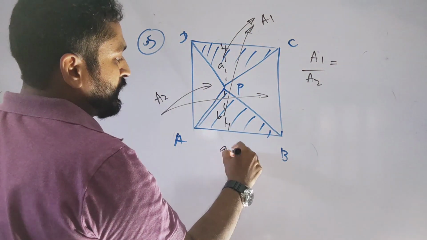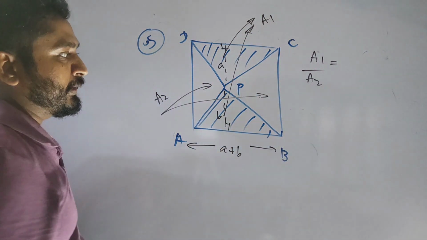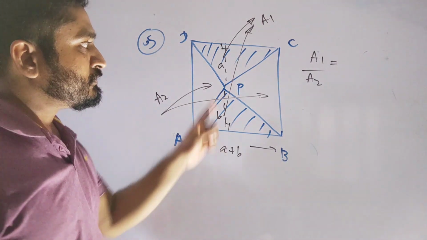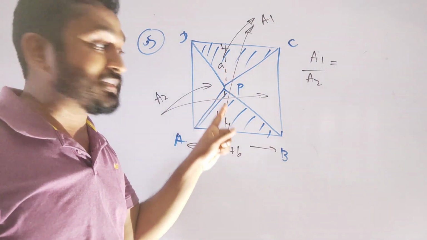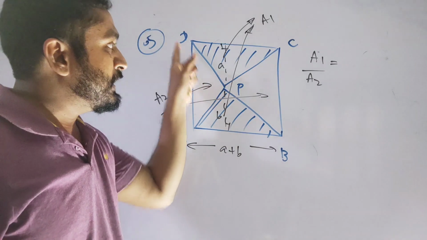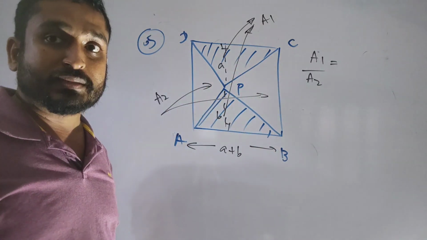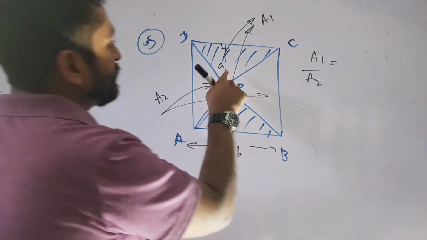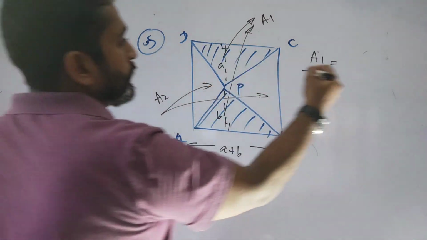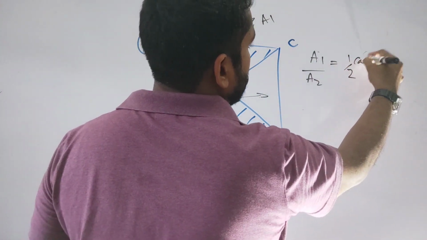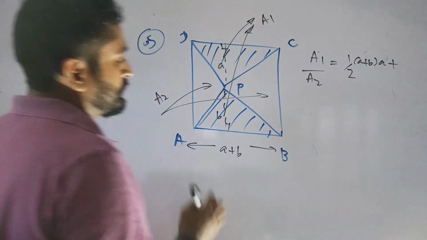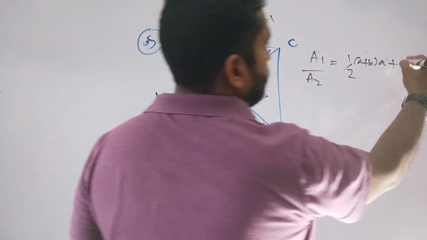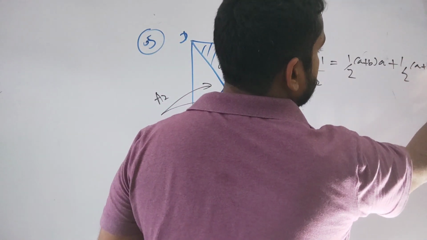So this is going to be A plus B, every side, right? So the area of this triangle plus the area of this triangle, which are DPC and APB, the sum of areas is going to be the shaded area. So it is going to be half into A plus B into A, plus half into A plus B into B.